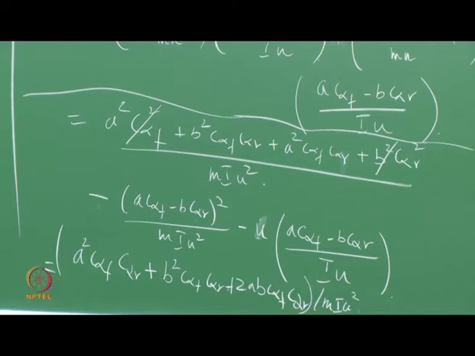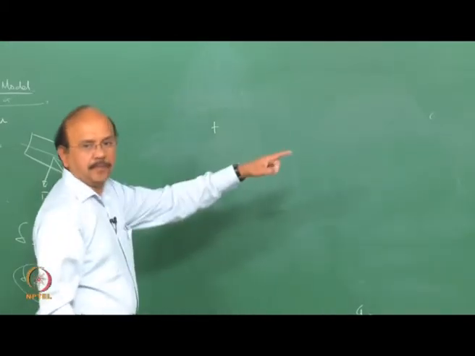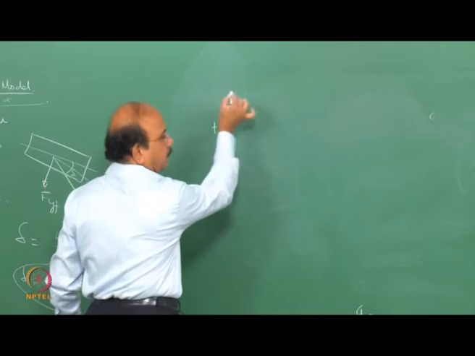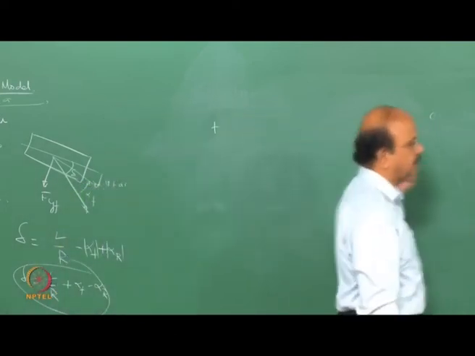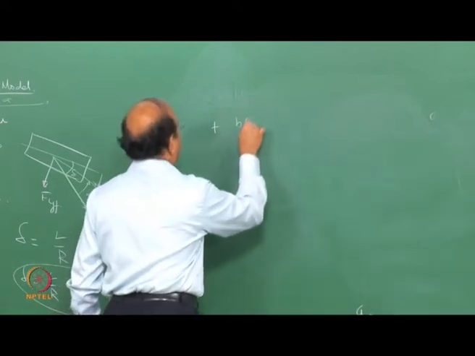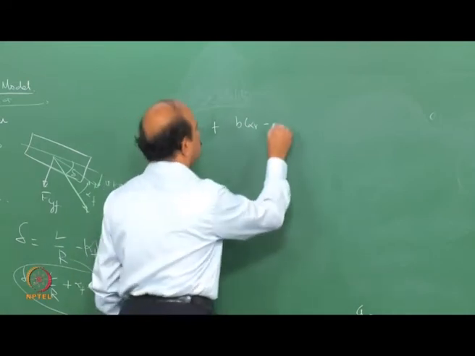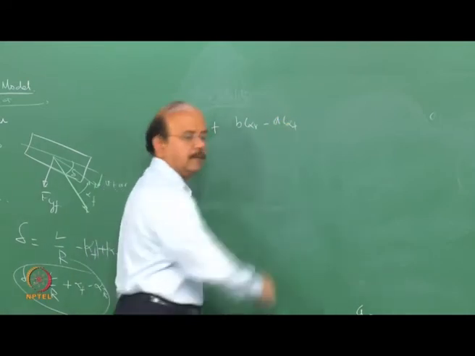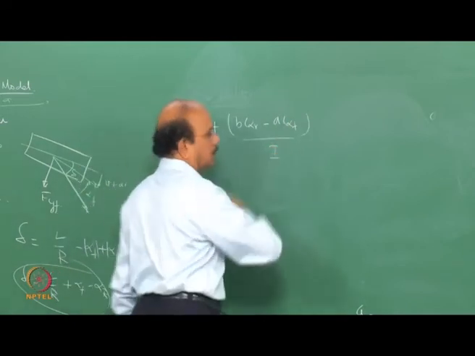I'll take care of all those minuses and say that plus, I'm adding all that A squared plus B squared and all that, this plus, what's the second term? B C alpha R minus A C alpha F upon I. Let me look at this carefully.